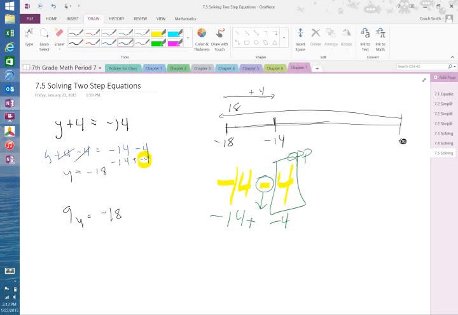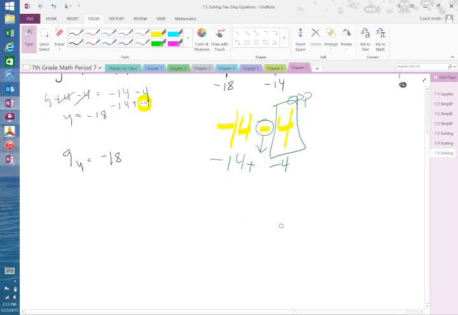Yes, Brandon? After it said, simplify after the step that you just did, are you going to divide? That's what I'm fixing to do, yeah. Now, back to this one, 9y equals negative 18. To solve this, I have to divide by 9 to both sides. The 9s on the left cancel each other out because 9 divided into 9 is 1. 1 times y is just y.